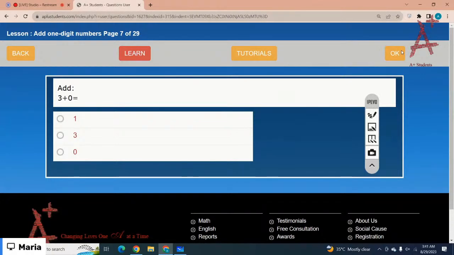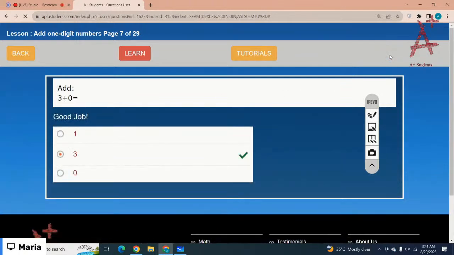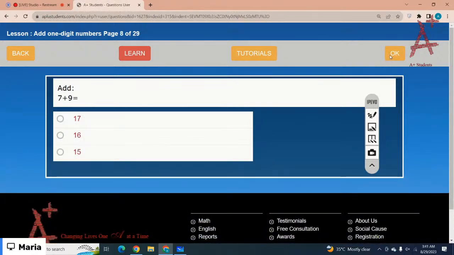3 plus 0 makes 3. The correct option is 3. 7 plus 9 makes 16.